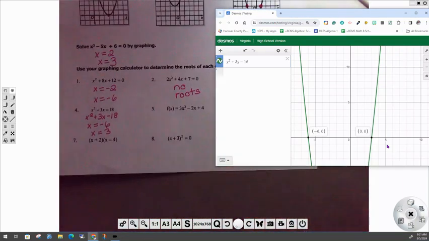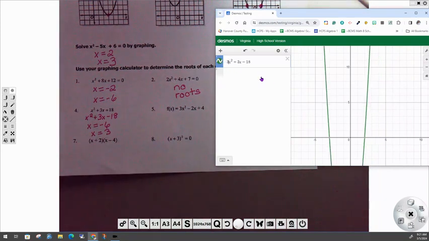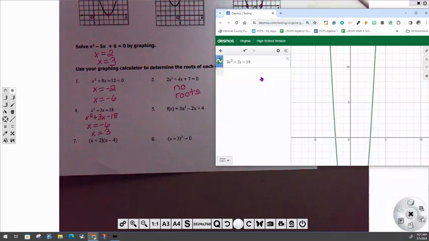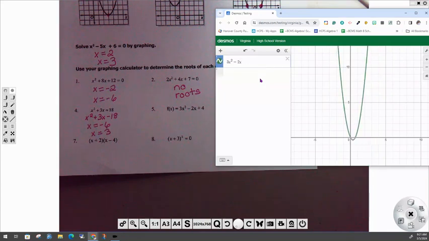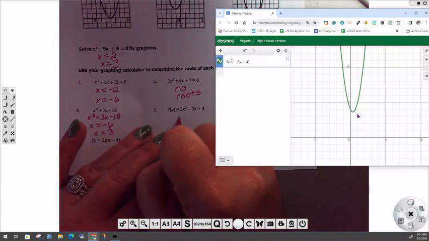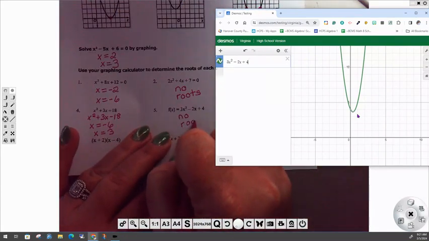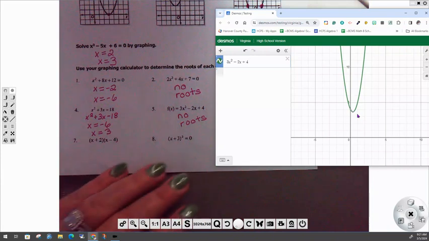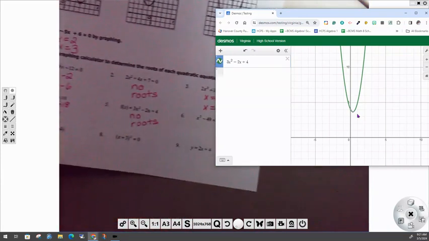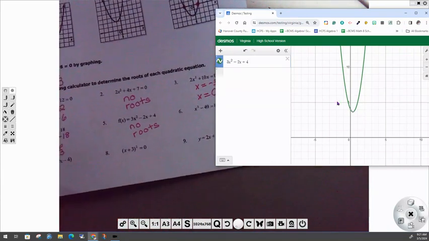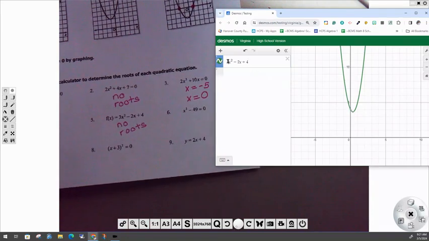All right, let's do question 5. So 3x squared minus 2x plus 4. Oh, we have no roots. All right, and then we have our last one, or number 6, sorry. x squared minus 49.